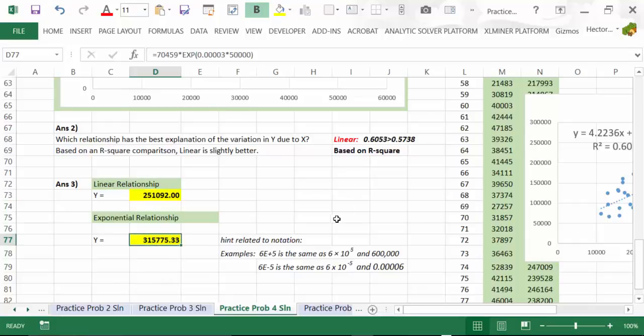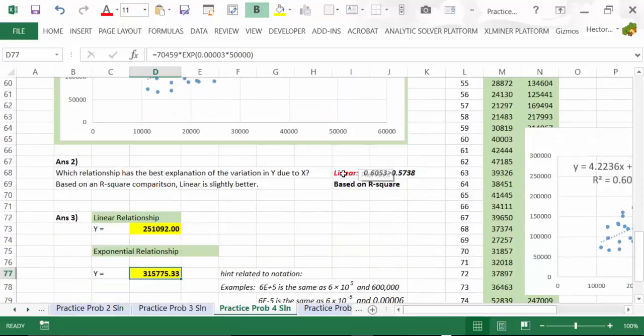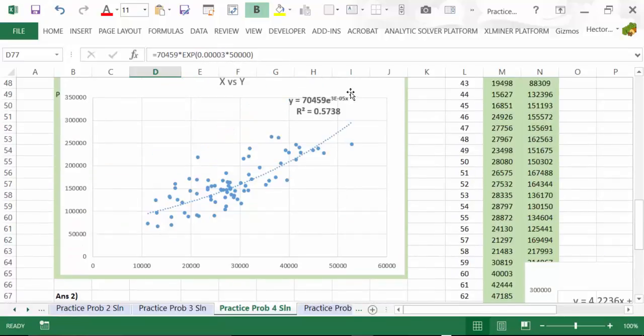Here we have the constant that we got above, 70,459, and we're going to take E, and the value for E is, the exponential value for E is 3e minus 0.5x.